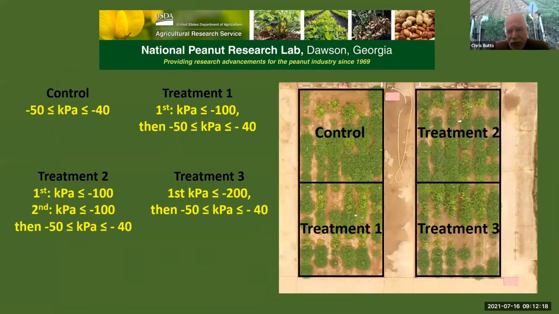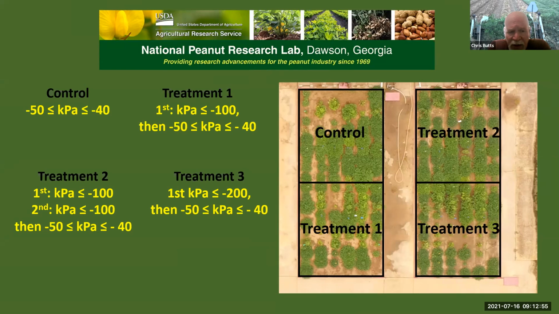We divided the 2 plots into a front half and back half, and that's how we applied our irrigation treatments. Our control was what we use in Irrigator Pro, which is basically we trigger at about 40 kilopascals of soil water tension. Treatment 1, we allowed the average soil water potential to decrease to 100 kilopascals, and then after that, we irrigated according to the normal Irrigator Pro recommendations.